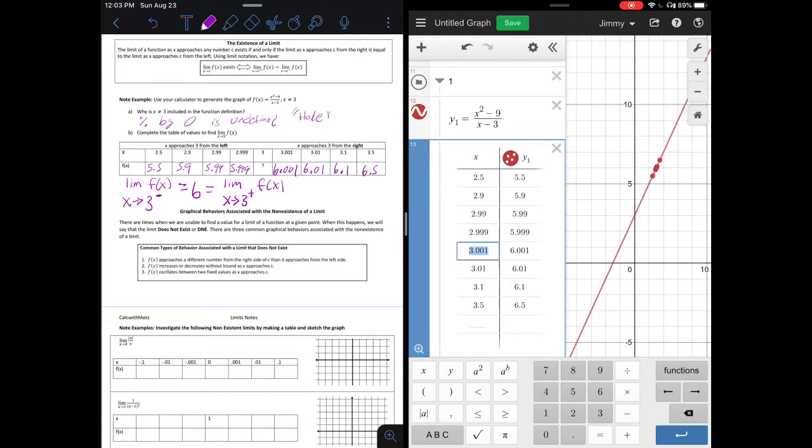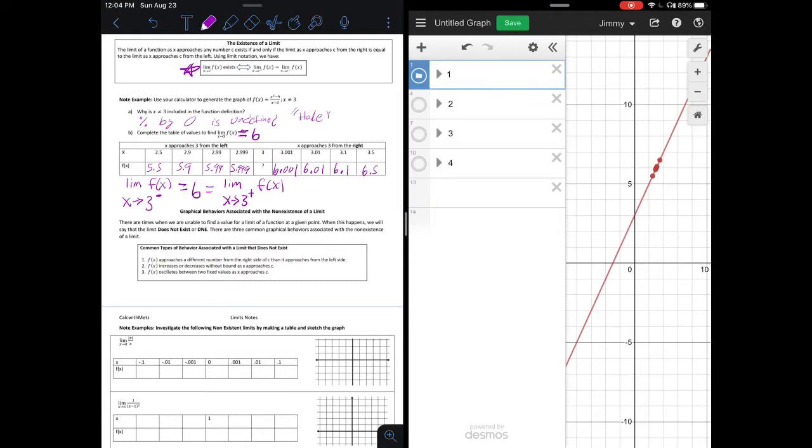We could go even one step farther and say, according to our definition, if the left side and the right side limits equal the same thing, then the limit as x approaches 3 from both sides is equal to 6.